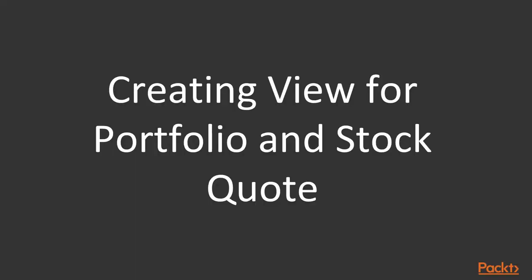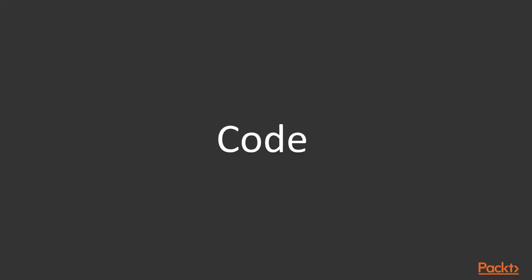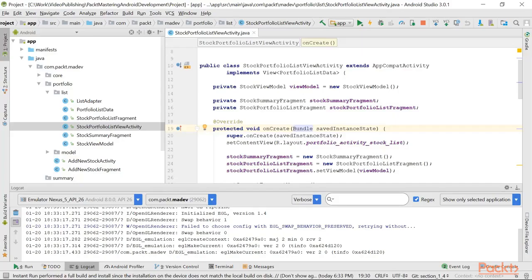Creating the view for portfolio and stock quote. So let's get straight to the code. So we have this stock portfolio list view activity, which is going to be responsible for viewing our stock portfolio. There's quite a bit going on here, so just take it piece by piece.